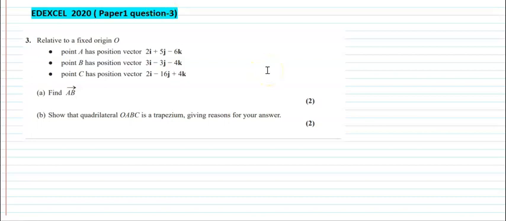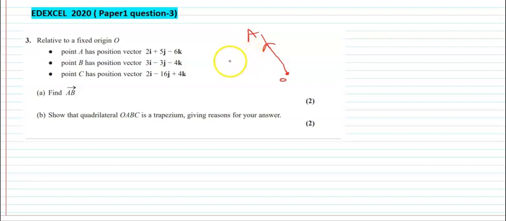If you see here, suppose this is point O, and this is point A. So position vector A is given 2i plus 5j minus 6k, and then there is a position vector of point B. So OB is given 3i minus 3j minus 4k, and then there's a position vector C here.